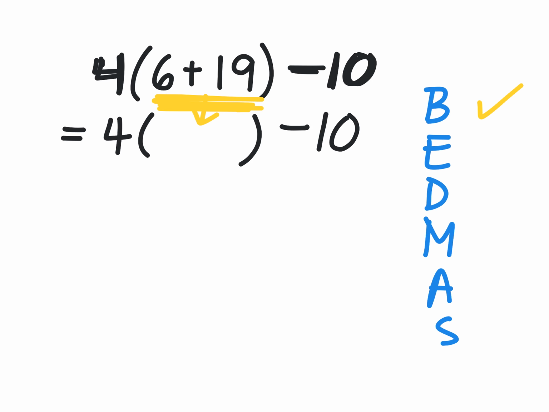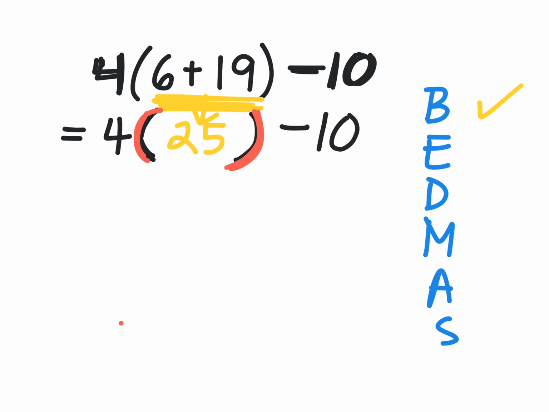So let's calculate it. What's 6 plus 19? 6 plus 19 is equal to 25. Okay, we're done with the brackets. Now, the reason why this has a bracket around it still is because whenever you see a number with a bracket around it next to another number, what operation does that mean?